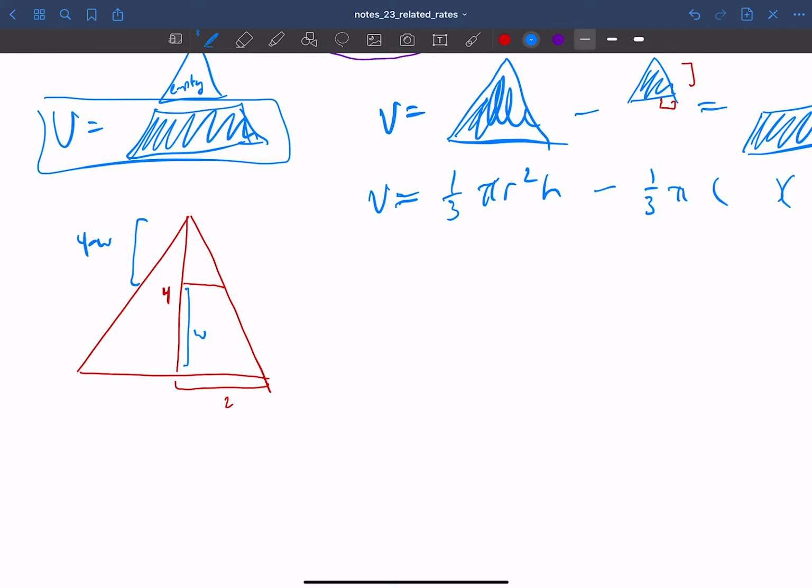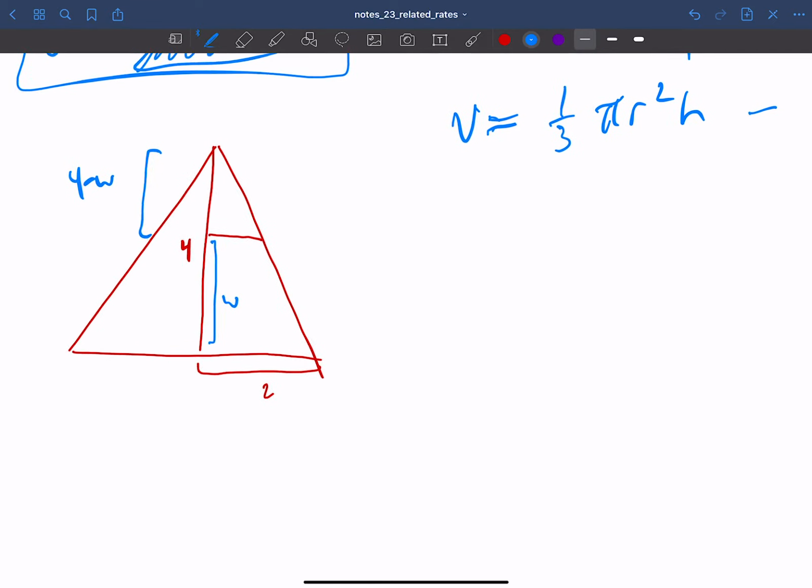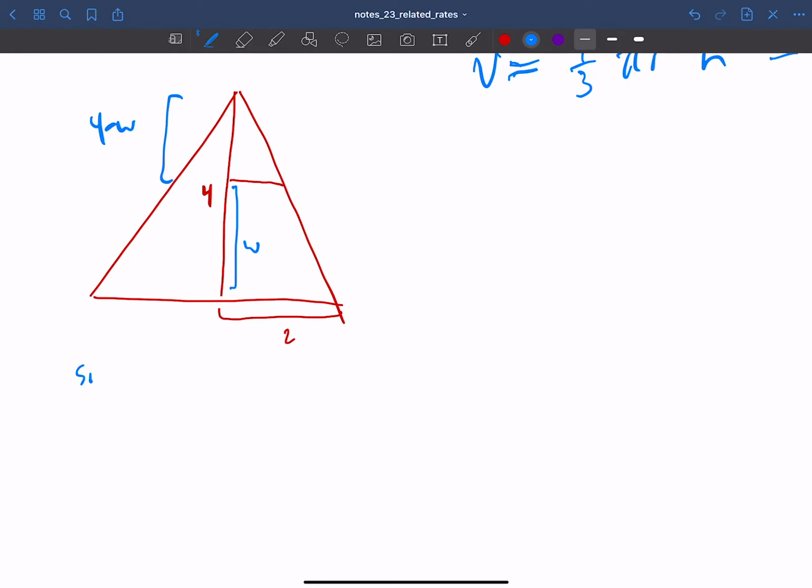Now, I need you to remember something from geometry, and that is similar triangles. Similar triangles have ratios of side lengths preserved.